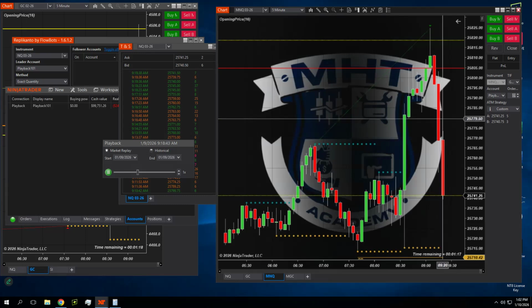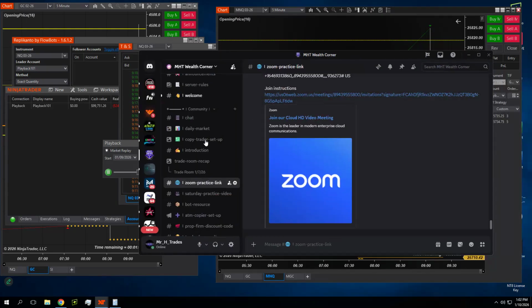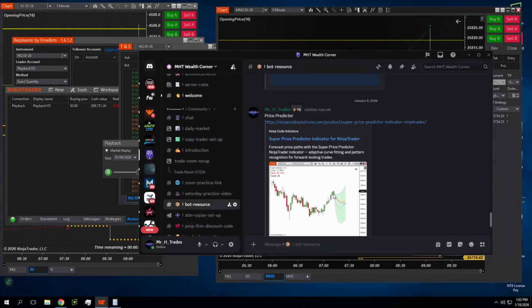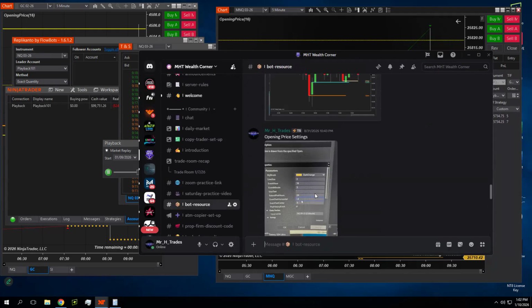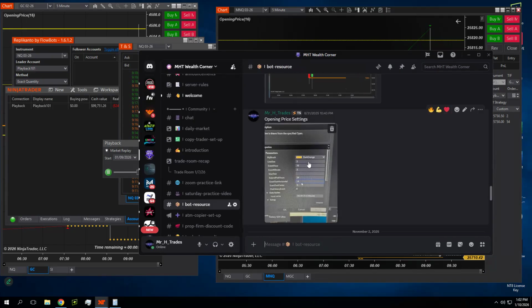All right, real quick. Marvin wrote in the chat that they're looking for how to get the LIS. That's an indicator. Hold on, I'll show you. Right in the Discord, go to bot resources. If you scroll up, there's a VWAP right there, and here's the settings for opening price.